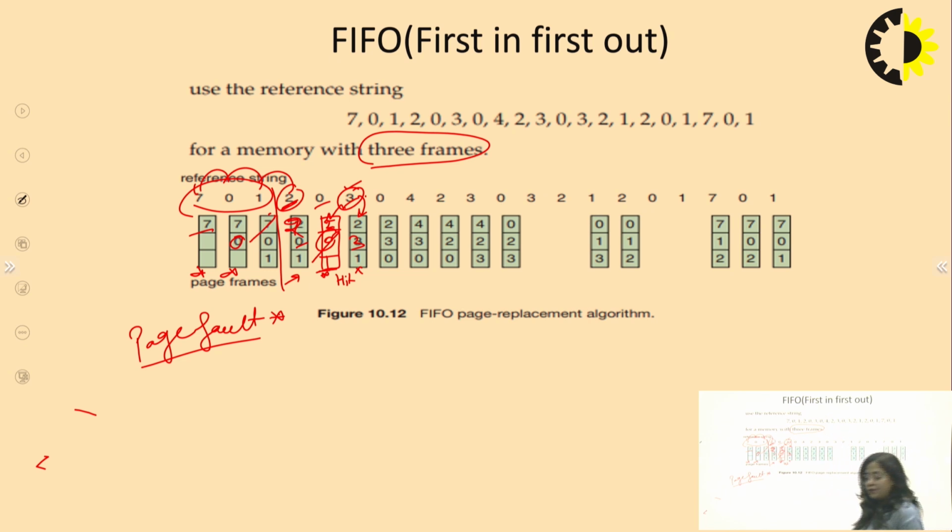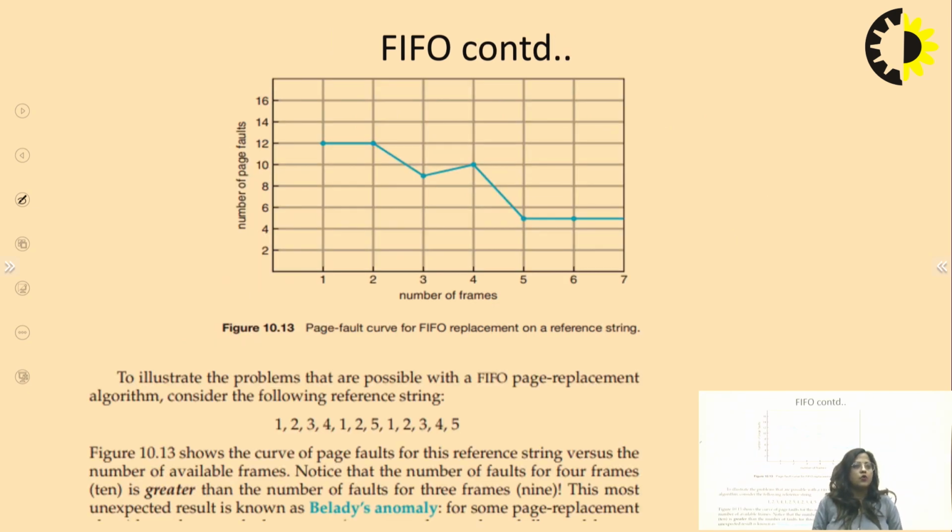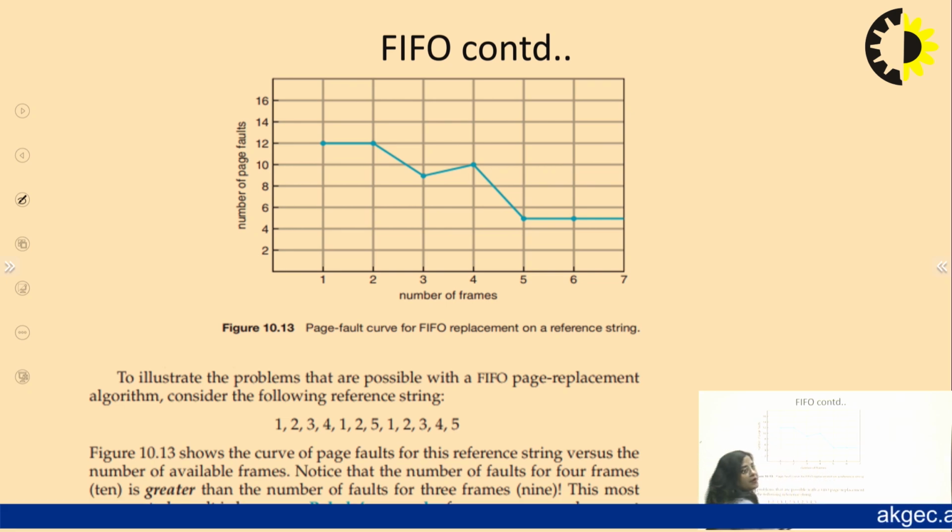But in the FIFO algorithm, the page fault condition occurs many more times as compared to the others. So now comes the question, what is FIFO here? Again these are the frames, the number of frames, like 1 2 3 4 5 6 7, and these are the number of faults. So here is the page fault curve for FIFO.